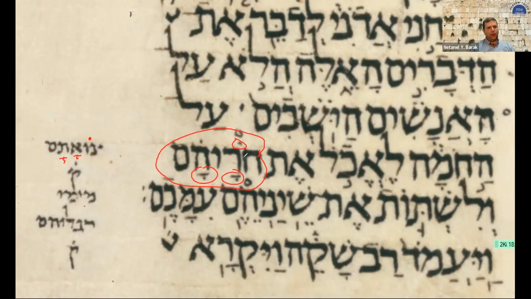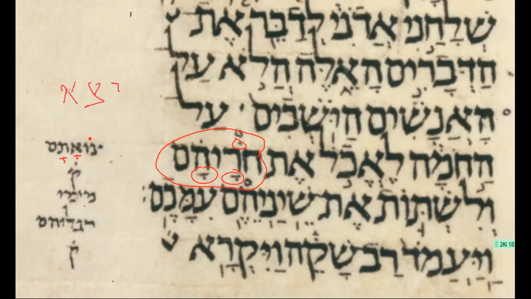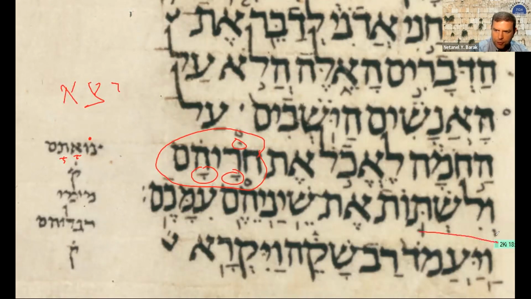Yes, I want to be explicit on purpose to show you what they did. They took the explicit term and changed it to their excrement, or what comes out of them. Tzo'atam, related to the root yod tzadi aleph, to come out. So they changed it, and it continues. Velishtot.